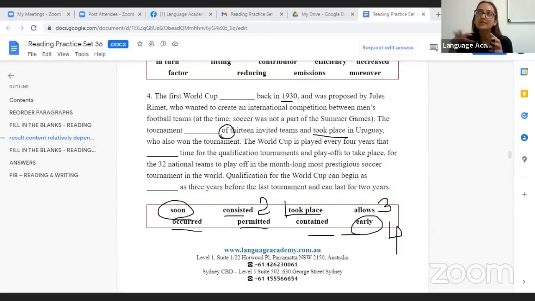It's not that all the words in a sentence relate to each other. There are parts, segments in a sentence, like the first World Cup took place. When did it take place? Back in 1930. So there are different ways of reading the sentences to understand which part comes together and which part comes together, but they're separate to each other.